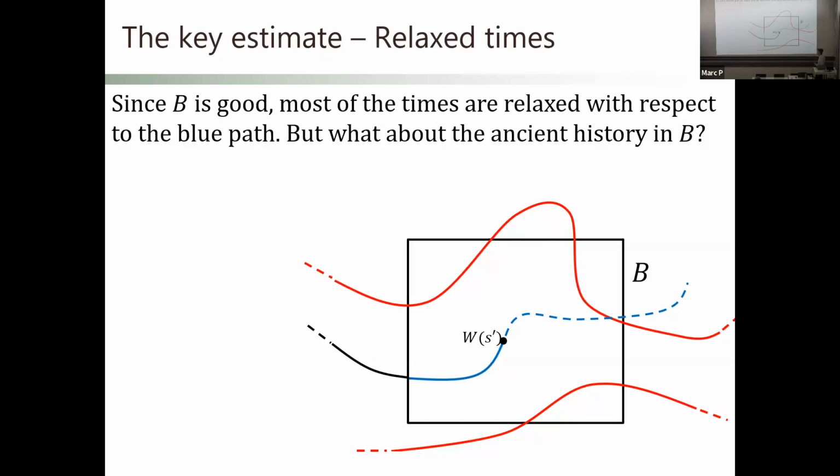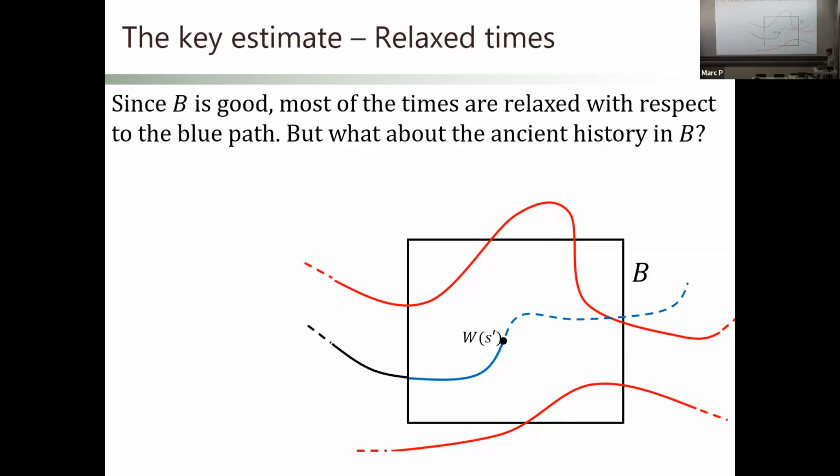And that's a combination of the pair property and the fact that there aren't too many of these ancient paths. And so if you put that together, you'll find times where this is both separated from the ancient history and a relaxed point with respect to this path.